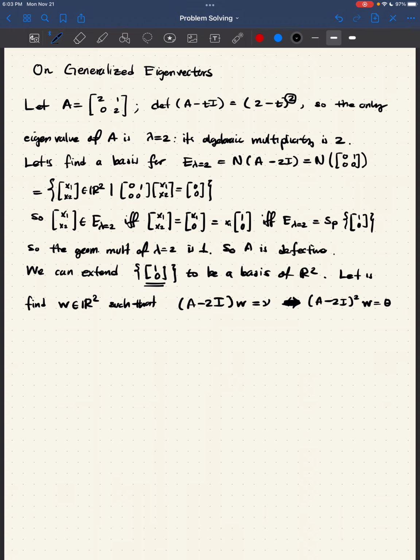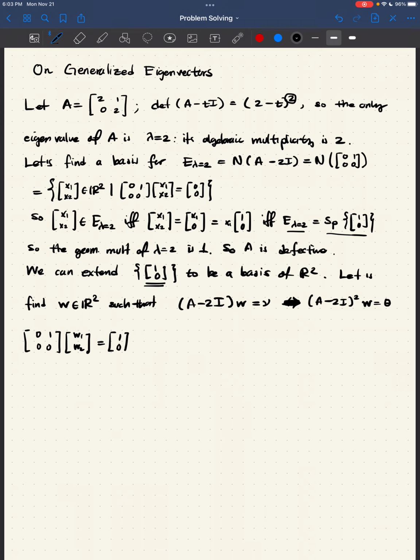We have the following conditions: the matrix 0, 1, 0, 0 times the vector w, which I'm going to describe as w1, w2, being equal to the vector 1, 0, which is the one that we use to generate the span of this collection and generating the eigenspace associated with lambda equal to 2.